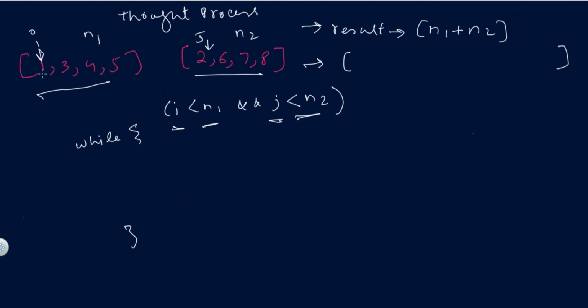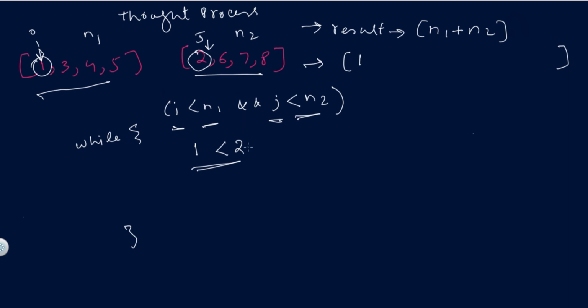Because I did not use any increment here, it means we compare the array 1 element at i. So here we will compare if 1 is less than 2. If it is less than 2, then we will push it into our resultant array, that is 1.